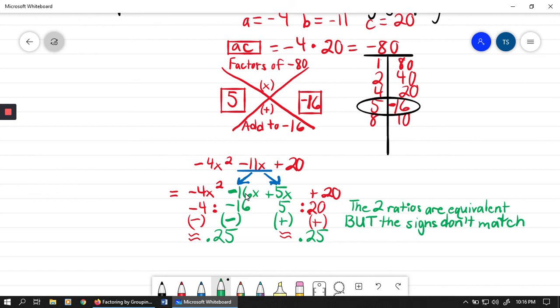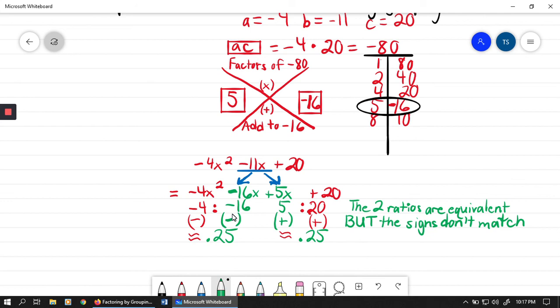I've put the negative 16x first and the 5x second. With the negative 16 coming first and the 5 coming second in the second group, the ratios still match up as being 0.25.